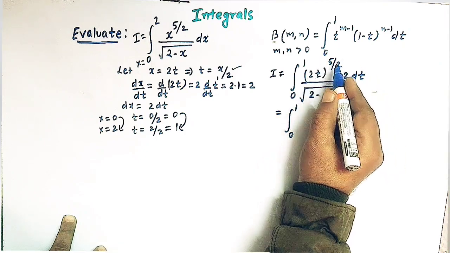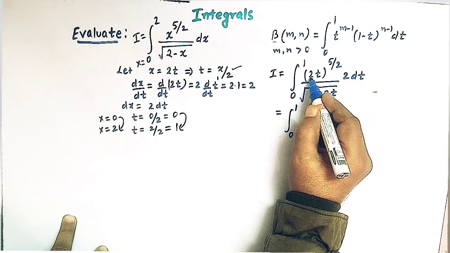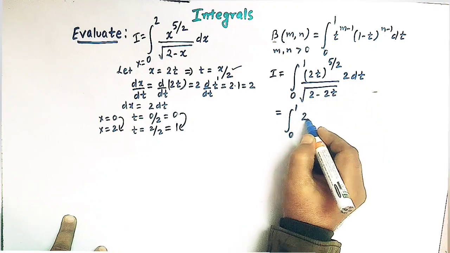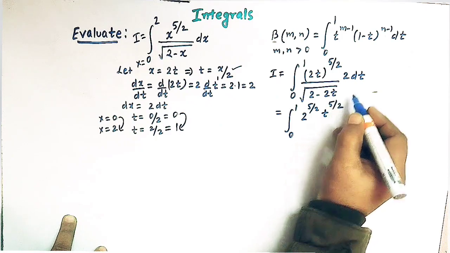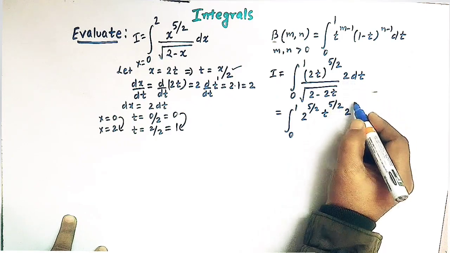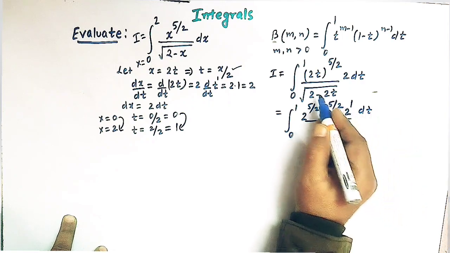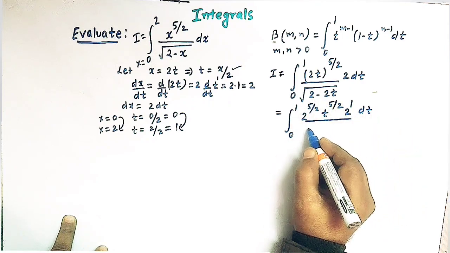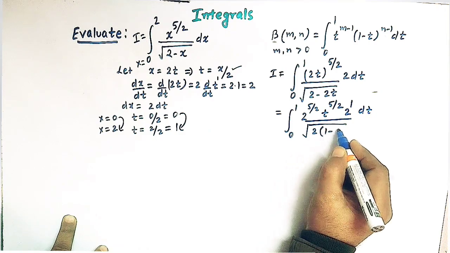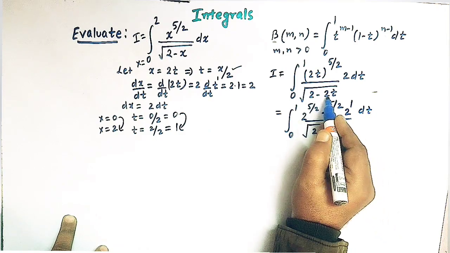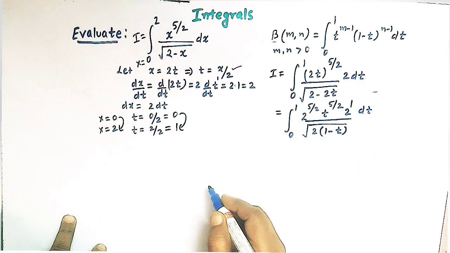So we can now distribute this power, that is 5 over 2 over 2 and t. So we have 2 raised to 5 over 2, t raised to 5 over 2. Here we have 2 raised to 1 and dt, and in the denominator we have square root of 2 times 1 minus t, taking 2 common under the square root sign.